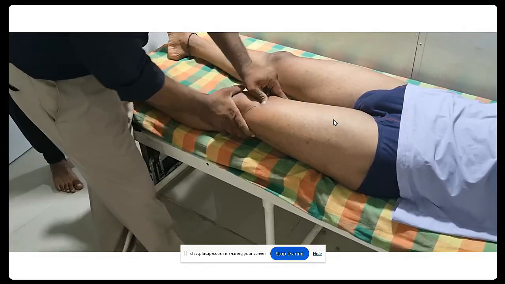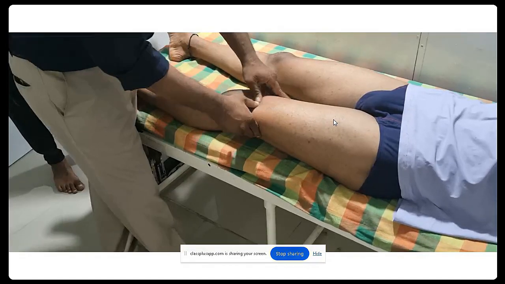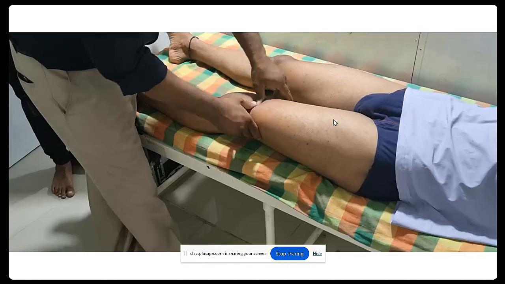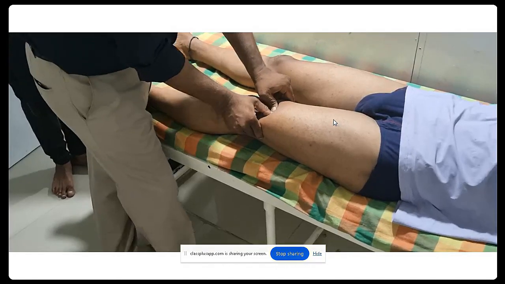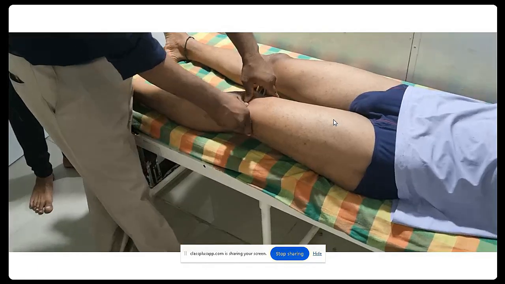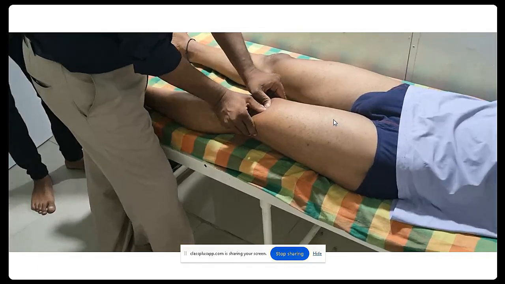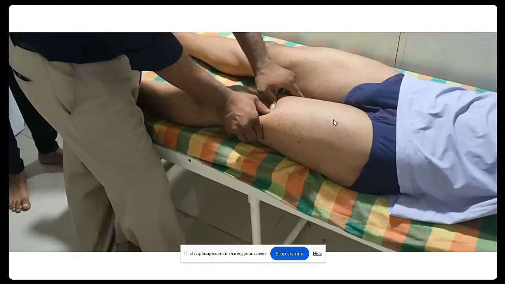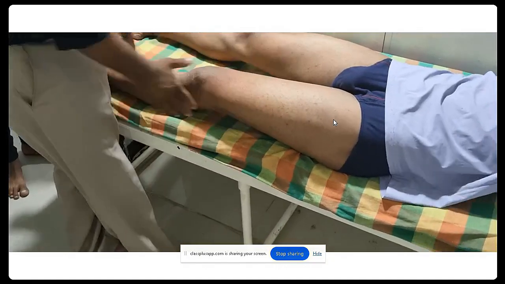I am just palpating to find where there is a nodule or where there is a fascial restriction or distortion. In the European fascial distortion model, this is called a trigger band. I am basically treating a trigger band.